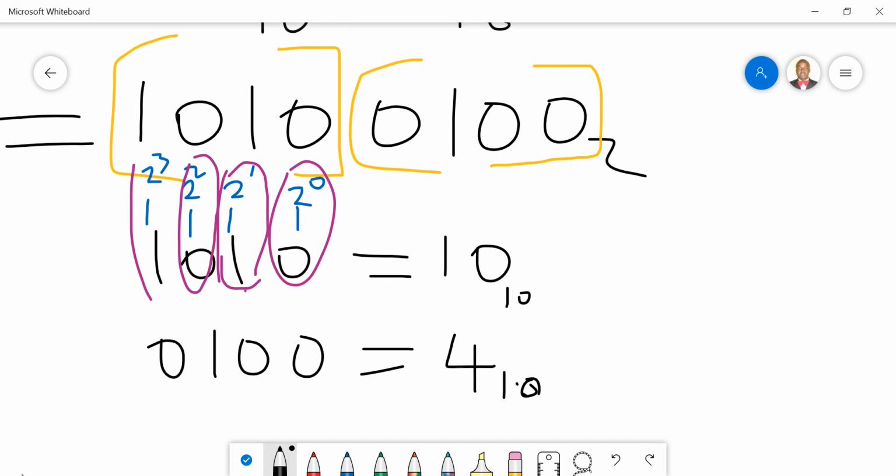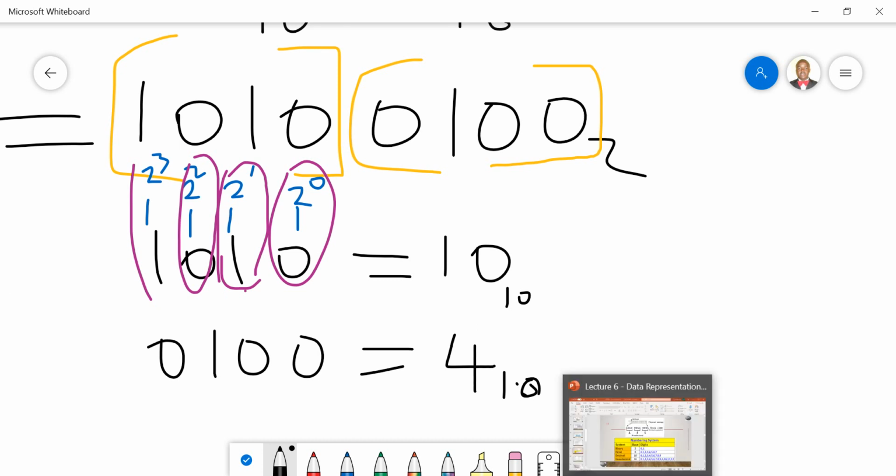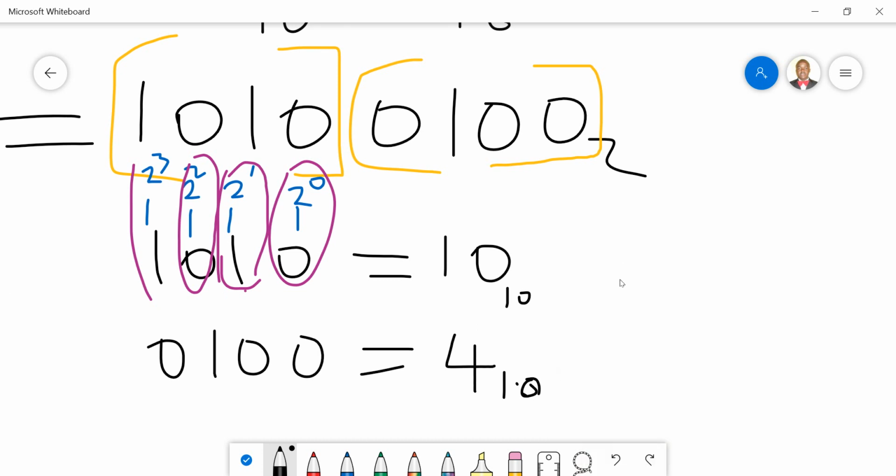When you write it, let's go again to this so that you understand something. From this grouping we have the answer for this one. It will be A4.